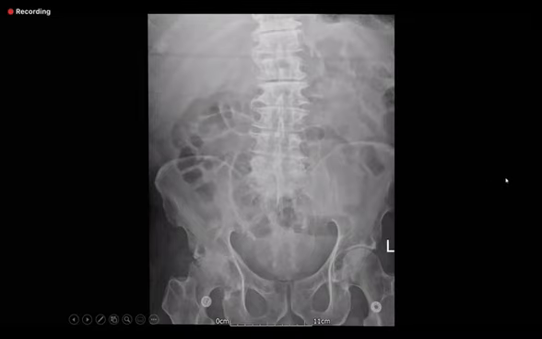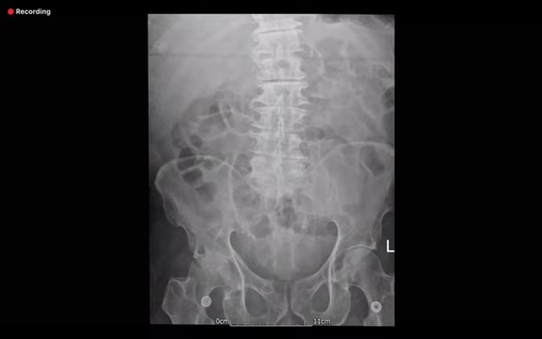This is a frontal radiograph of the abdomen of a skeletally mature patient. It demonstrates a non-specific bowel gas pattern, no bowel obstruction, toxic dilatation or perforation.